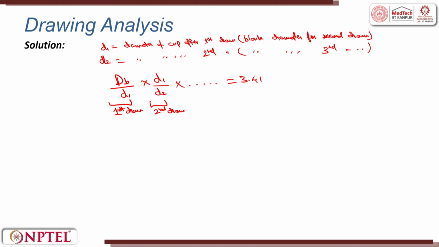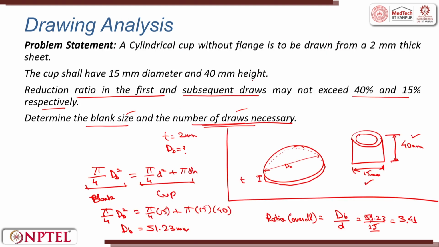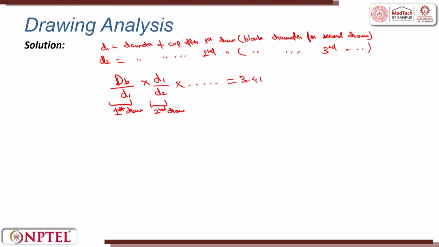Now let me come to the question statement once again. It says the reduction in the first and the subsequent draws may not exceed 40% and 15% respectively, which means 40% reduction is there. If I try to put it, this gives me in the first draw d1 is equal to, with 40% reduction, that is 1 minus 0.4 of the original blank diameter.